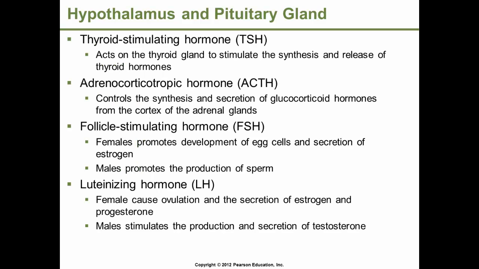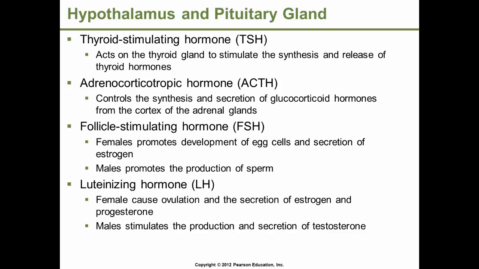The thyroid stimulating hormone acts on the thyroid gland to stimulate the synthesis and release of thyroid hormones. Adrenocorticotropic hormone controls the synthesis and secretion of glucocorticoid hormones such as cortisol from the cortex of the adrenal glands. Glucocorticoid hormones turn down the immune system.